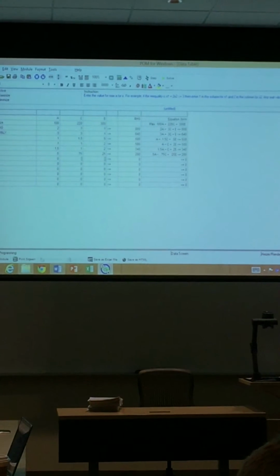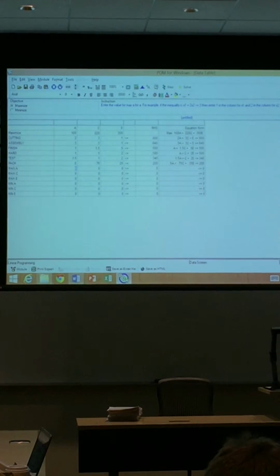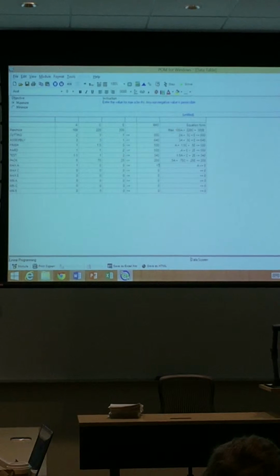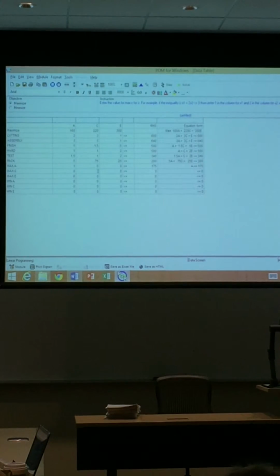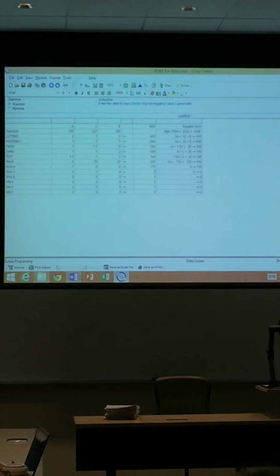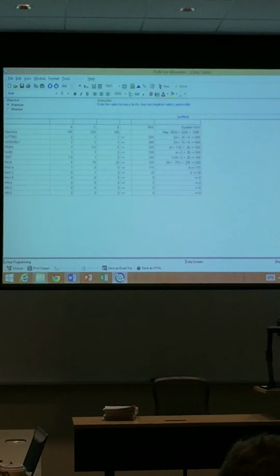Let's talk about maximum demand for A. So 1 times A should be less than or equal to 175. Then 1 times C should be less than or equal to 20. And 1 times E should be less than or equal to the limit.